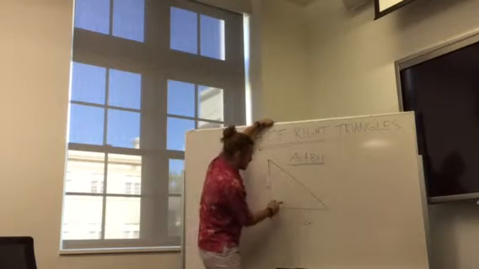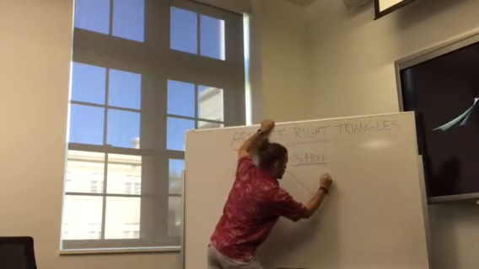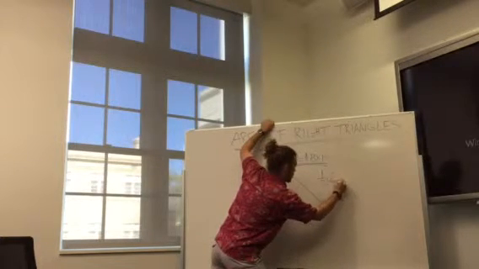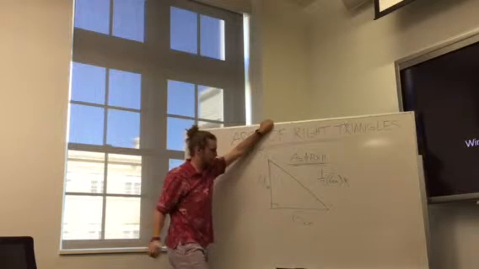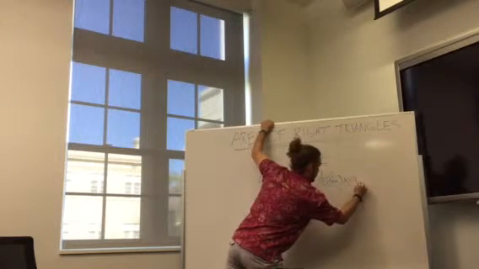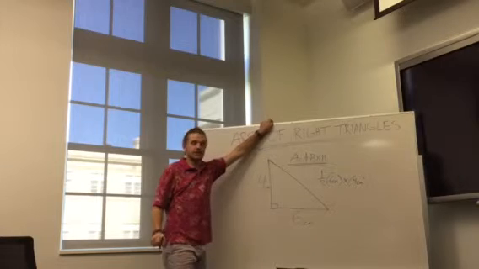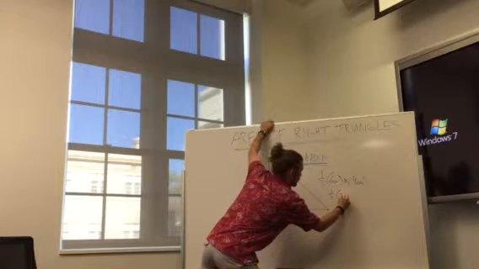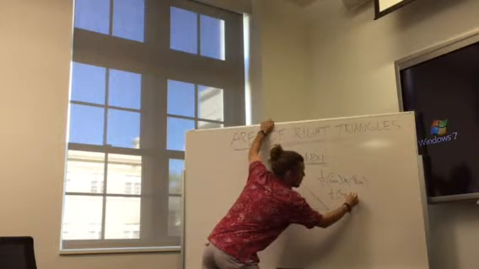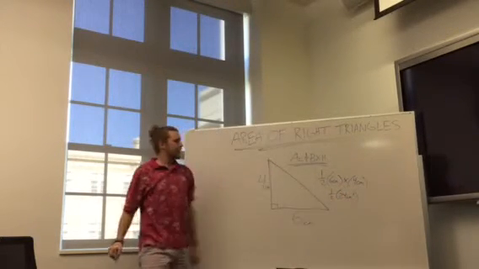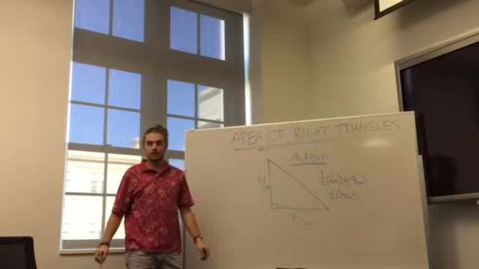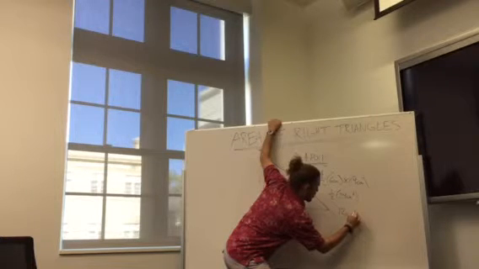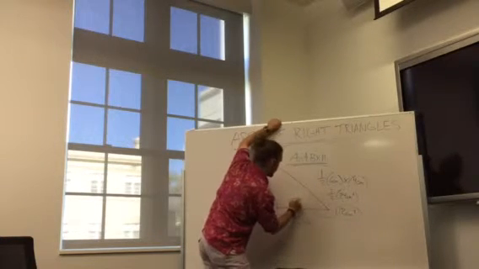So our base in this triangle is 6 centimeters and our height is 4 centimeters. And it's 6 times 4, 24 centimeters squared. And then 24 divided by 2 is 12. 12 centimeters squared is the area of this triangle.